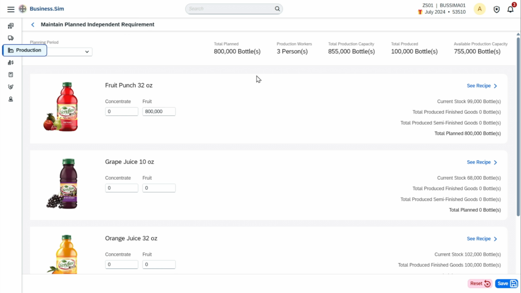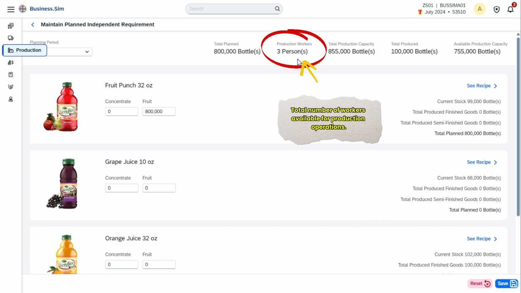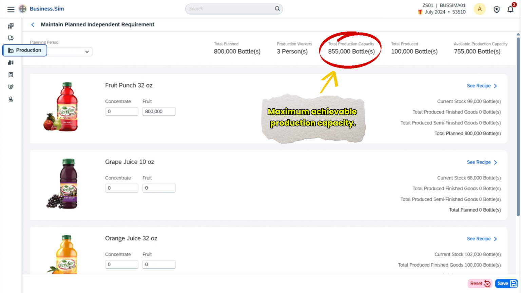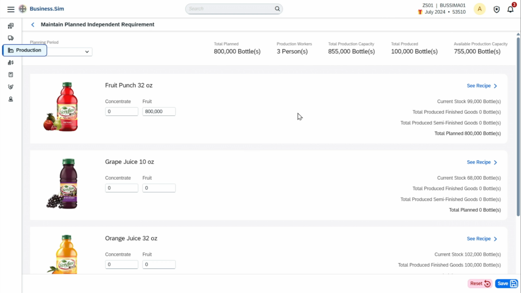Then on the right side, there is information regarding the number of workers who are ready to produce, which can also be added or reduced at any time. Next to it is information about the total production capacity that can be performed by the workers.